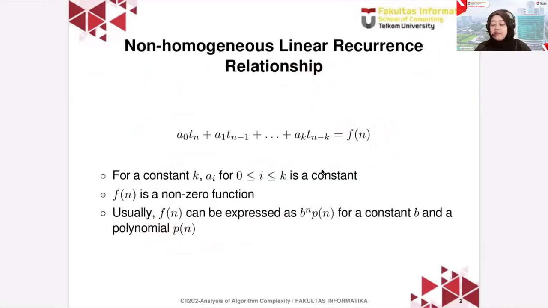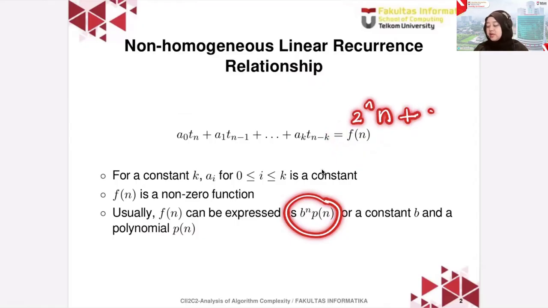And we may have more than one form of this, which we call a term. So for example, we have 2 to the n times n, but we may have it added with something else, for example, 3 to the n. So we have two terms, this term and this term. It is still a non-homogeneous linear recurrence relation.